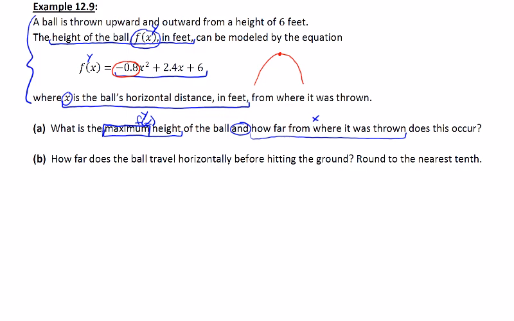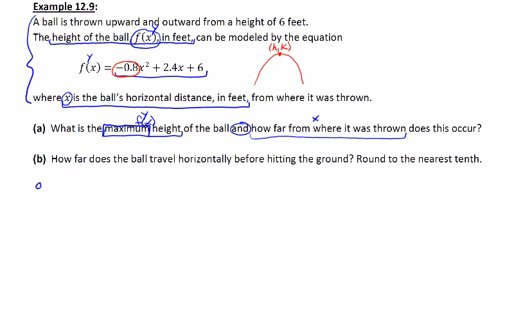So that's the point that we're looking for. We're going to end up calculating the h and k for that point. h is going to represent how far from where it was thrown, and then the k is going to represent the maximum height of the ball as it's going through its path. So let's go ahead and start working on that.